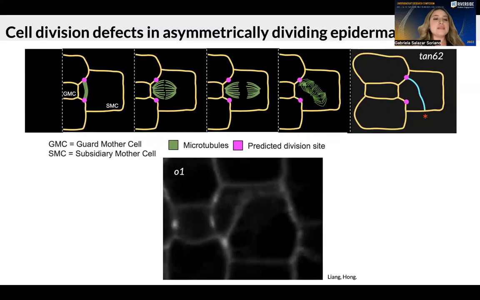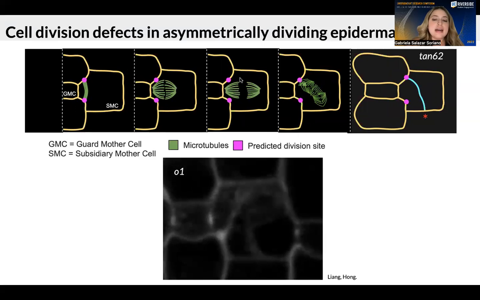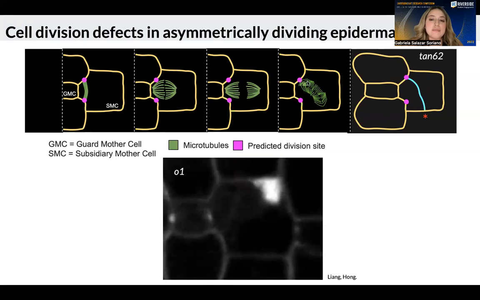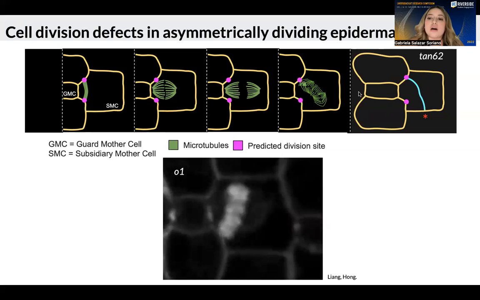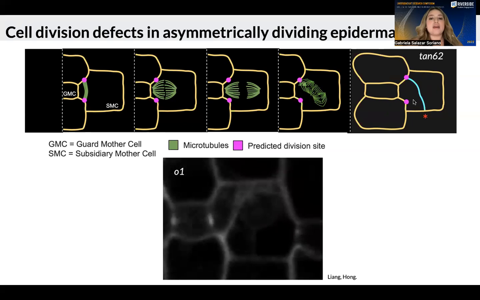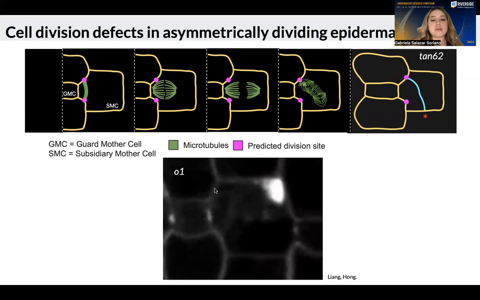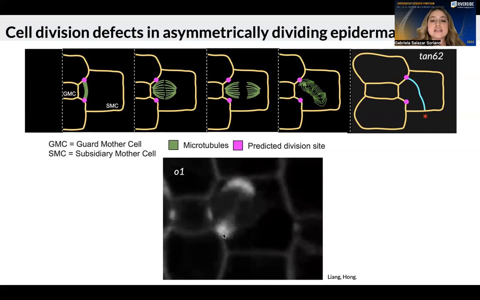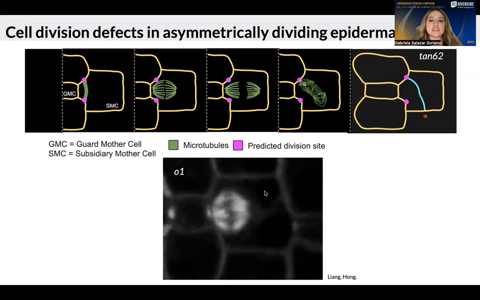However, in cell division defects, you have the predicted division site, but the microtubule structure is misguided to a different location, and this causes the cell wall to be placed away from the predicted division site. And this can be seen in a mutant called opaque 1. As you can see here, the cell wall is placed away from the division site.